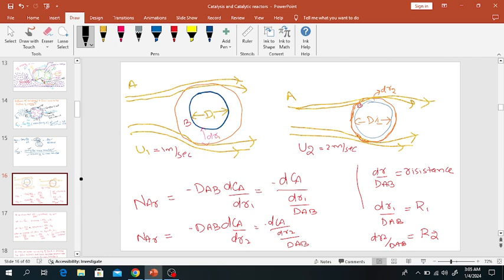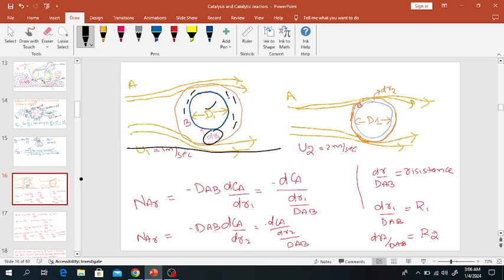Suppose this is the catalyst particle having diameter d1, and this is the liquid film around the catalyst particle. Its thickness is dr1. This dr1 is the thickness of the liquid film around the catalyst particle. And suppose this is component A, and the velocity of the fluid is 1 meter per second.